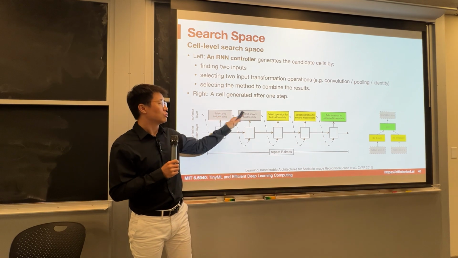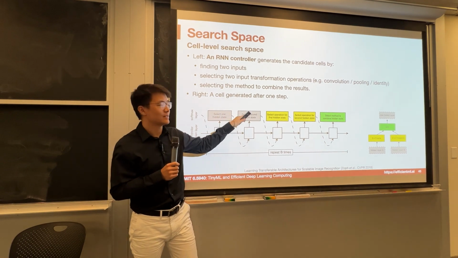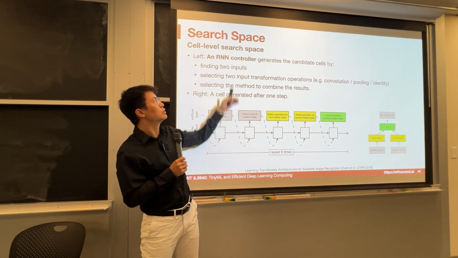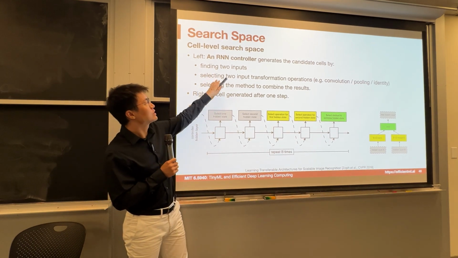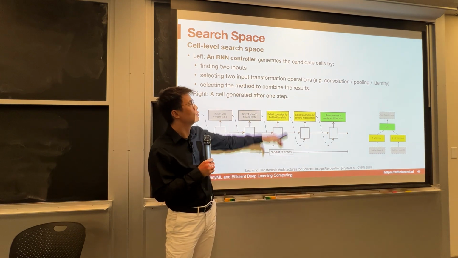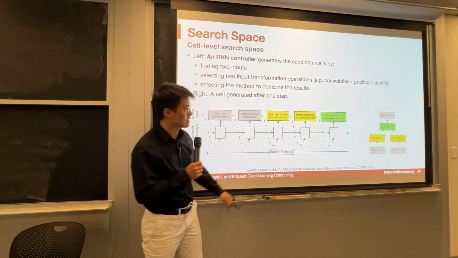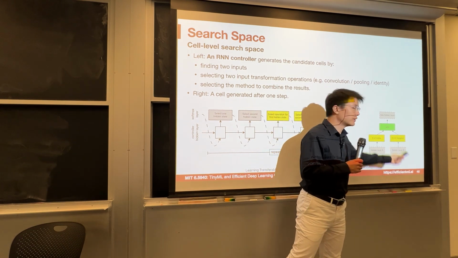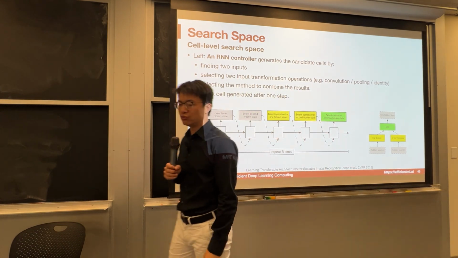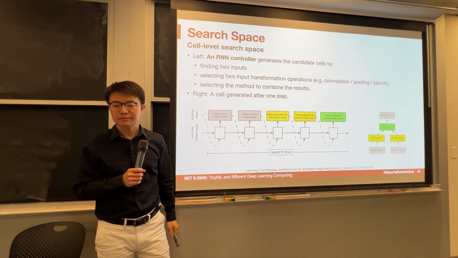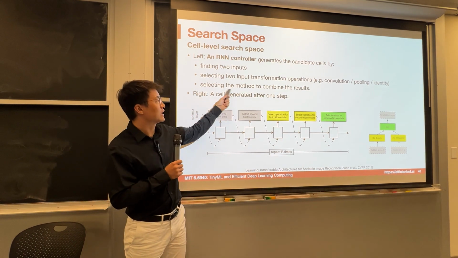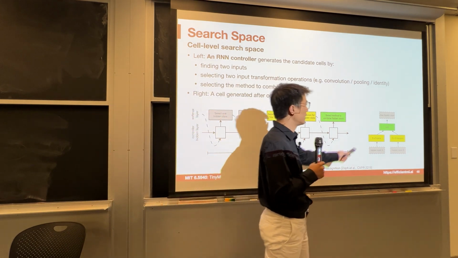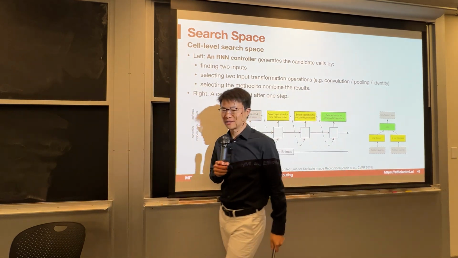So you have the first hidden state and the second hidden state, both of them having two choices, finding these two inputs. And then we want to select the two input transformation operations. For example, here, we can do a 3x3 convolution. We can also do a 2x2 max pooling. Finally, we need to select the method to combine these results. We can do add or we can do concat.